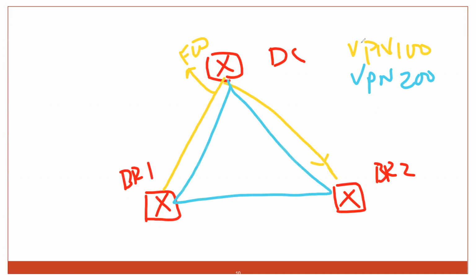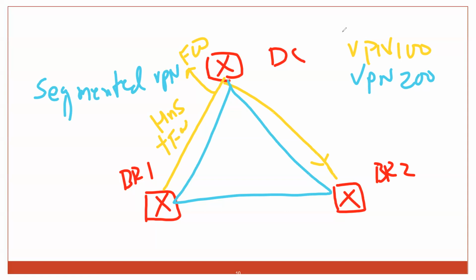So now you can see clearly that we are supporting segmented VPN. That means one of the VPNs, that is VPN 100, is using hub and spoke plus firewall redirection, and VPN 200 is using full mesh, right?